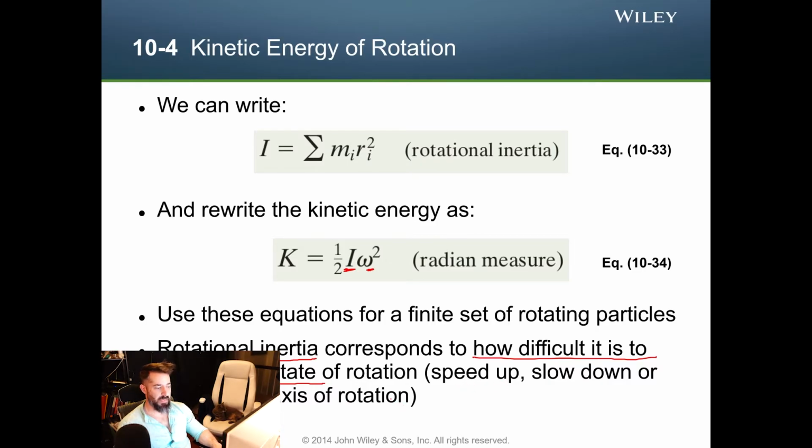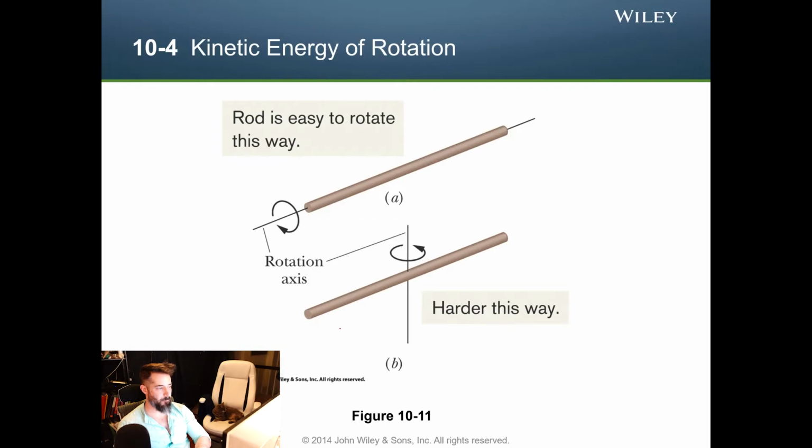So it depends on speed and axis of rotation. So it gets a little bit more complicated. There's another element in it when you are rotating. This is one of the examples they're giving. They're talking about basically the rod here that's going around this way.